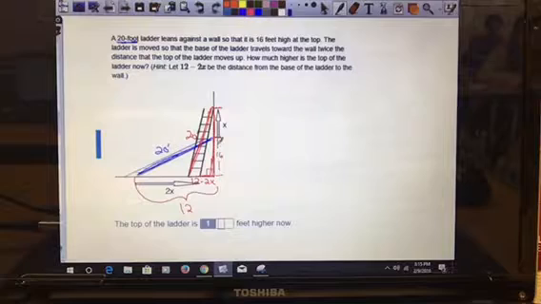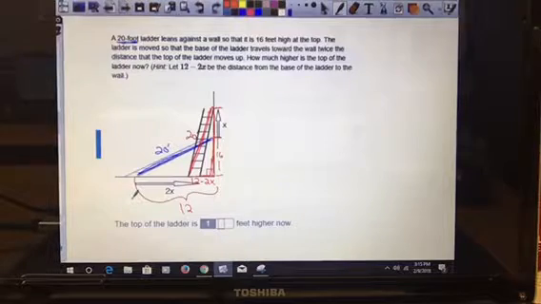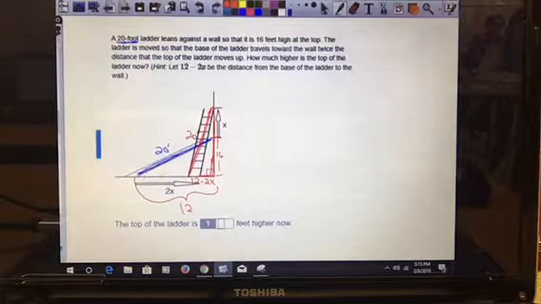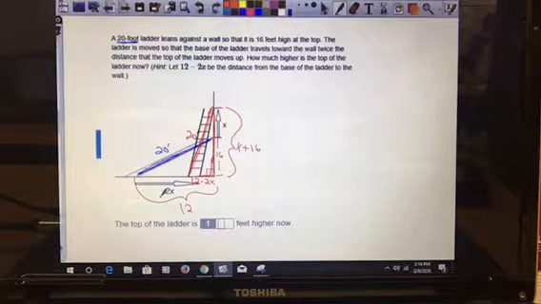So if you had done 16 squared plus b squared equals 20 squared, you would have got 12 for that piece. So you have 12 and you're taking away 2x is this piece right here, 12 minus 2x. This whole side over here is 16 plus x, or we could put x plus 16. That's this whole side. So these two are the legs, and then the 20 is your hypotenuse.